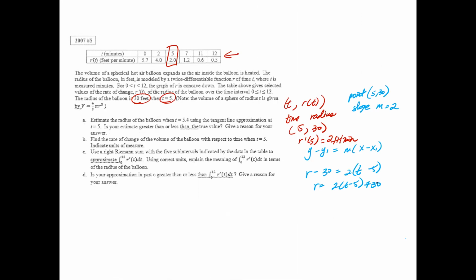From here, if I were to estimate when t is 5.4, I would say r of 5.4 is equal to 2 times 5.4 minus 5, plus 30. If you plug that into your calculator, when time is 5.4, your radius is going to be about 30.8 feet.